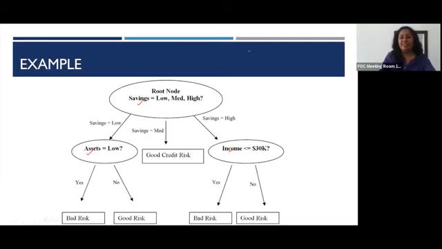No idea? I'm sure you can get it, right? Very good. Basically, whether it is good risk or bad risk. Those are the class labels. How do you know that? The decision is at the end. So here you can see bad risk, good risk. Bad risk, good risk. Here also good risk, right?